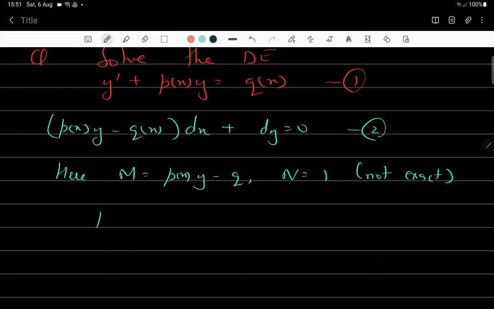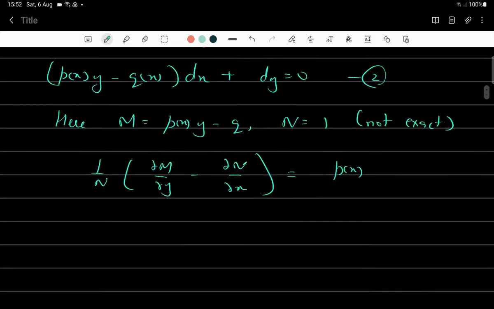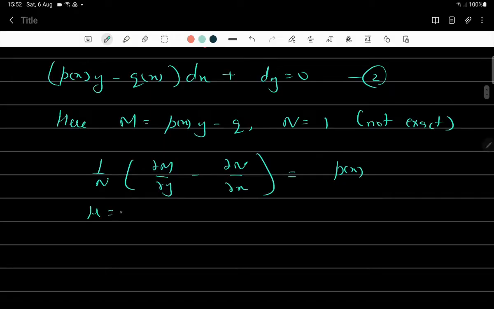But if I compute 1 by N times del M by del y minus del N by del x, see, del M by del y is p of x and del N by del x is 0, and 1 by N and N cancel out, so it becomes p of x only. It means that the integrating factor mu is equal to e raised to the power integration p of x dx.